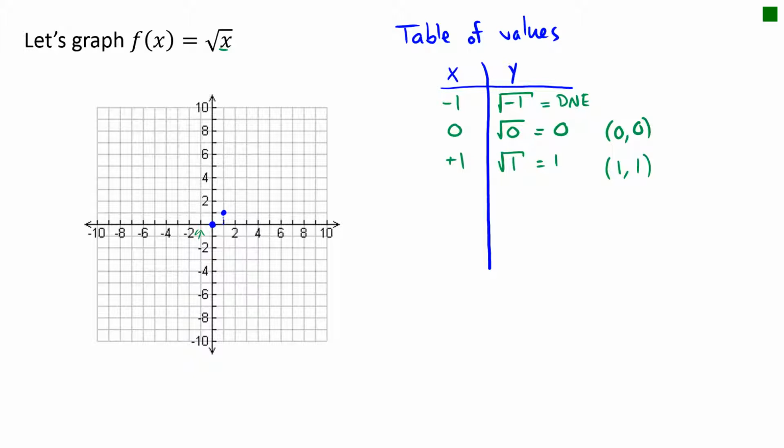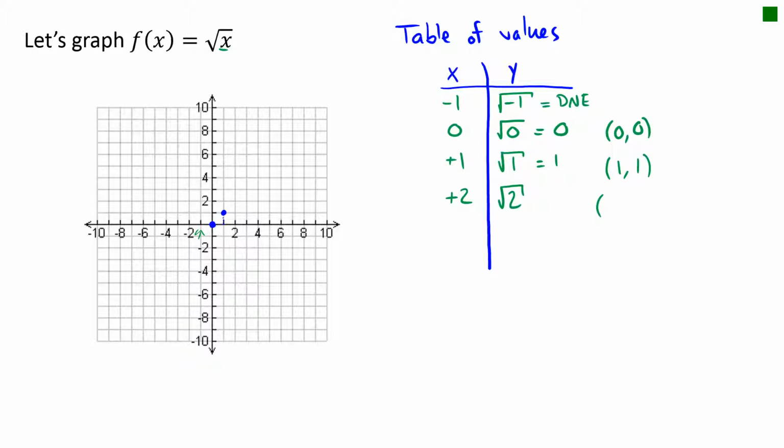Let's again try moving up the x value by 1 and see what happens when we pick x equals +2. Well, now we have the square root of 2. And the square root of 2 cannot be simplified. It's not a perfect root.